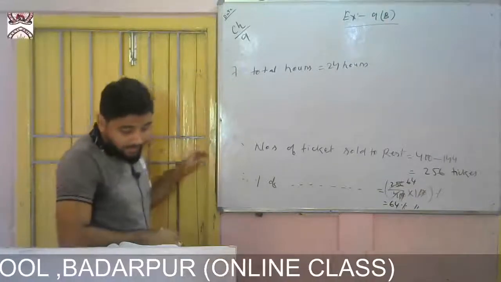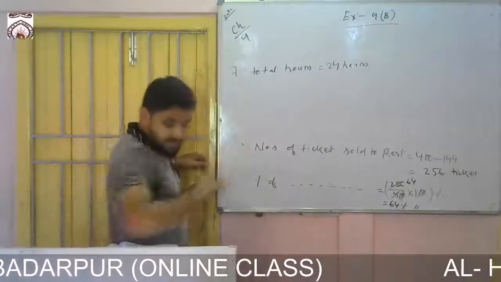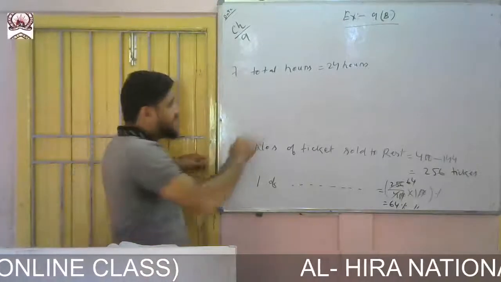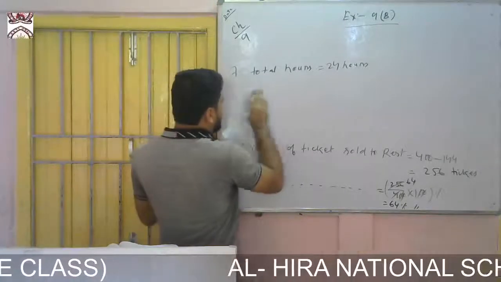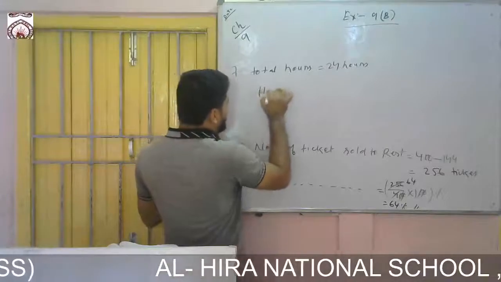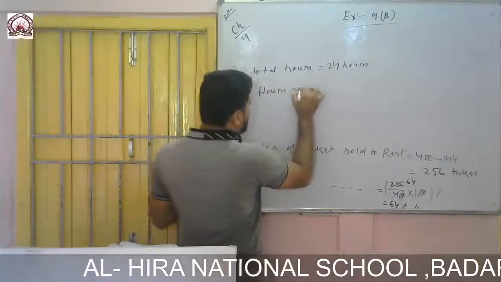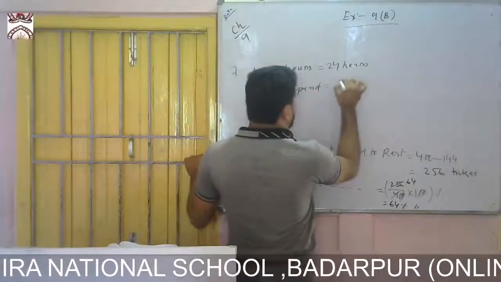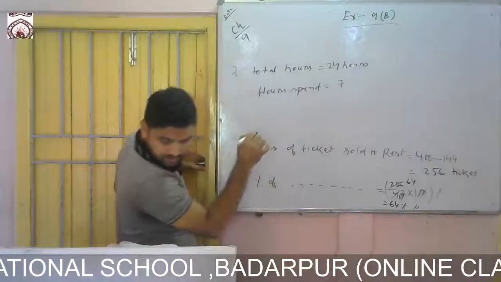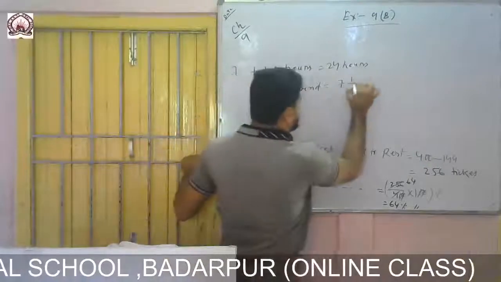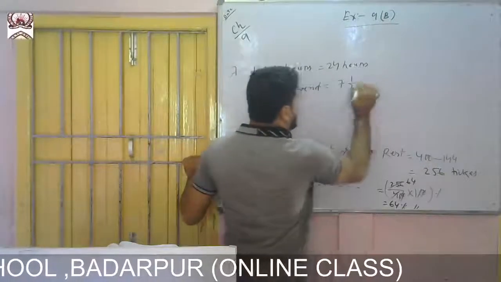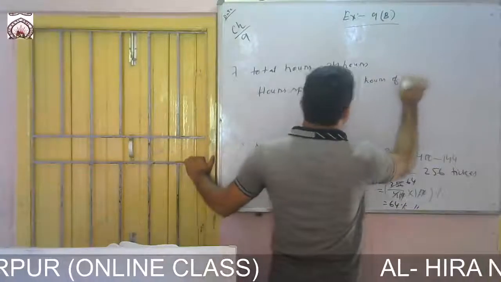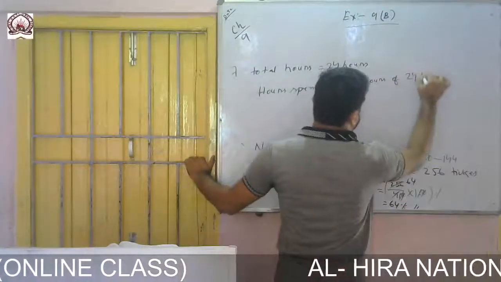First you write hours spent equals 7 1 by 2 hours, of the total hours, that is 24 hours.